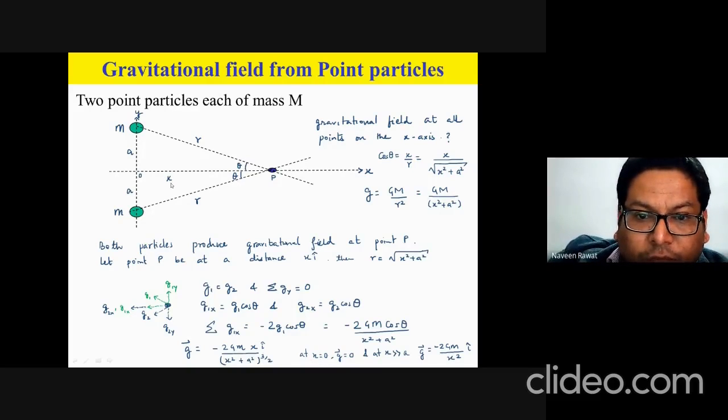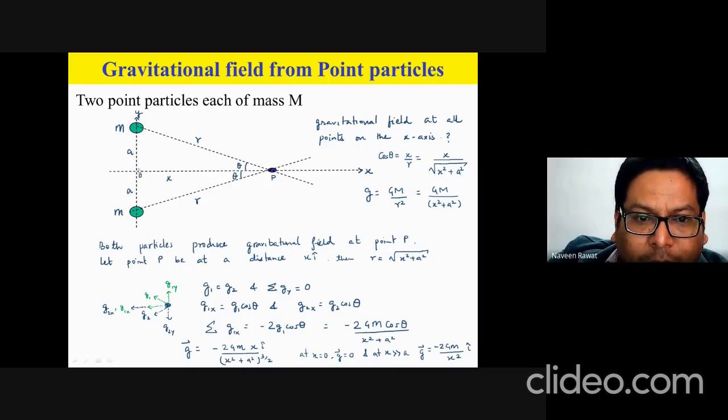Okay, and you can understand this further. Suppose x was 0. If x was 0, then this point P would be lying right here in the center. And then what would happen? There would be gravitational field that this mass would exert on this point particle, so there will be a field pointing in this direction. Similarly, there will be a field pointing in the opposite direction here because of this mass here, and since both of these have the same mass, both of these fields will cancel.